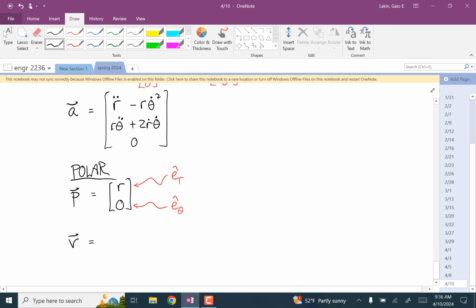The velocity vector is whatever I said before, r dot, and then r theta dot.